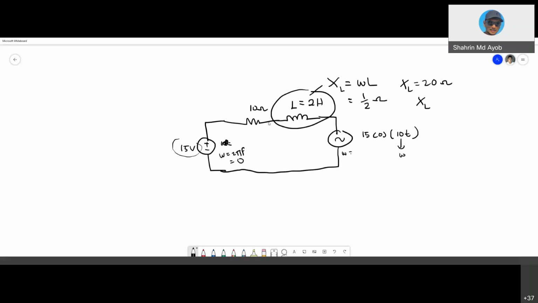But here, 2 pi f has been given, which is 10. So right now you have two different omegas, 0 and 10. Which one should be the correct omega to be used to calculate your reactance? You see the problem?